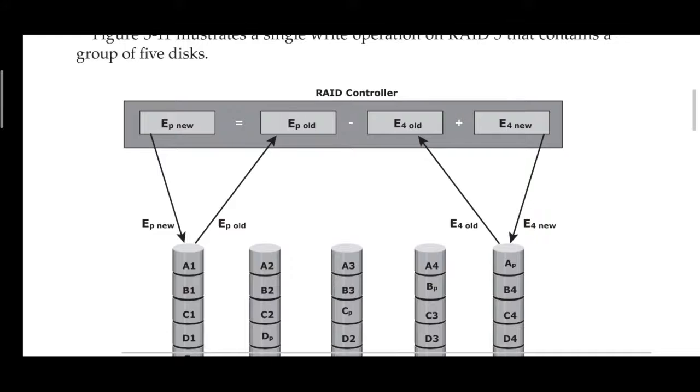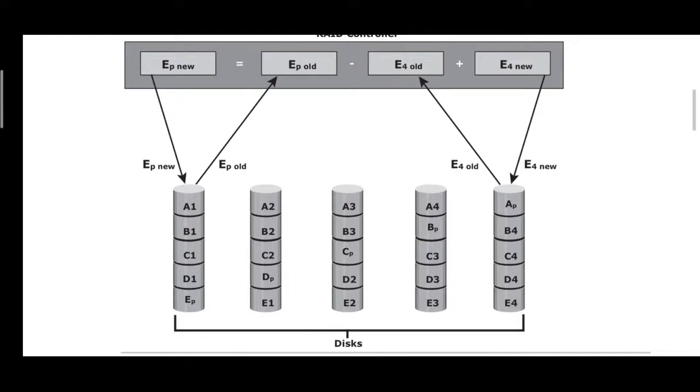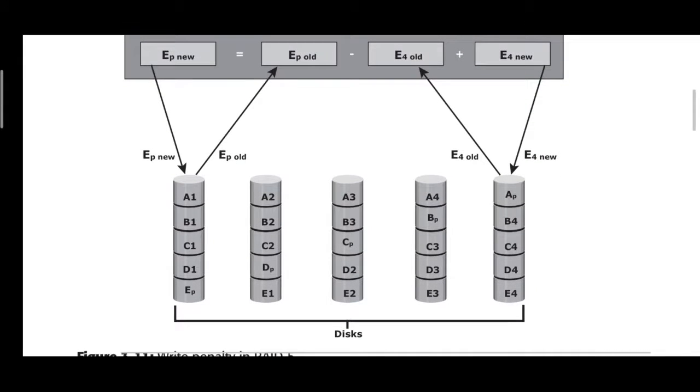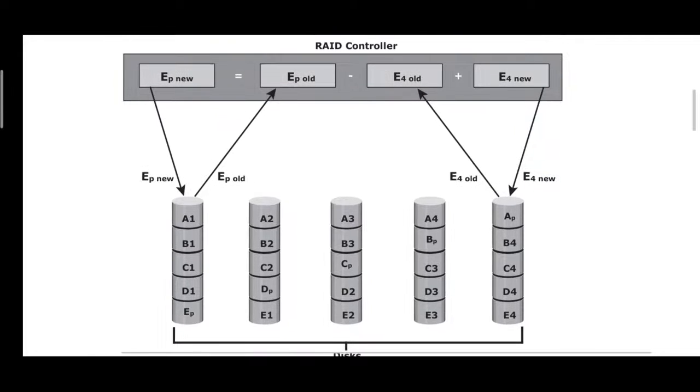So a scenario: once a new write operation is done on a particular drive, what are the things to be updated? The parity value should be recomputed, right?